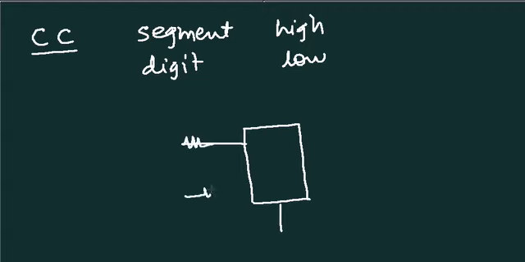So, the circuit diagram will be like this. The signals are active high. So, an active high line cannot drive this. So, we have to use a transistor.